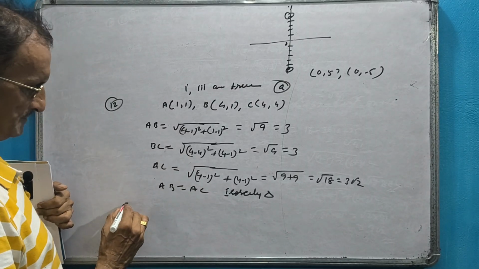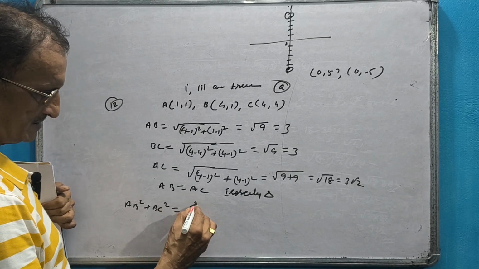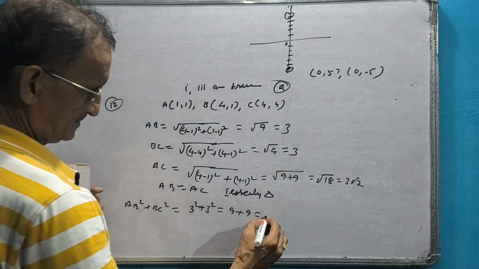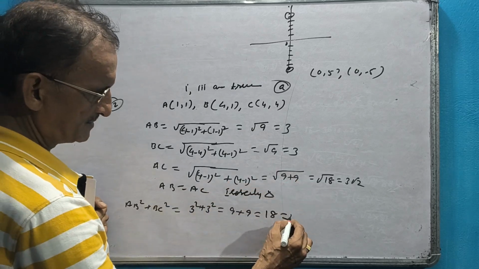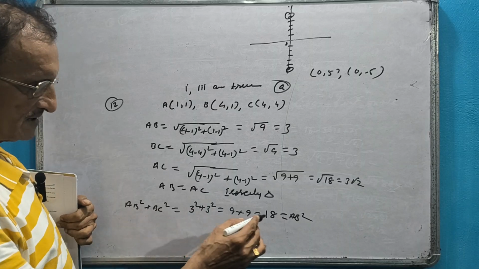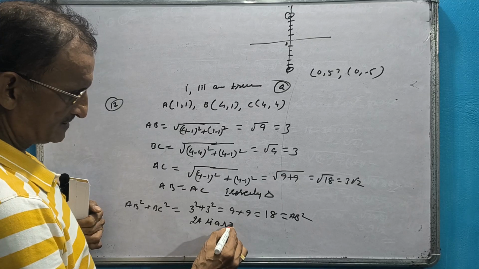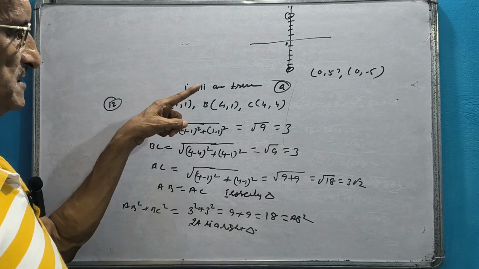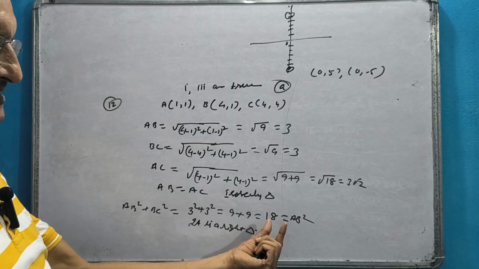Now what is AB square plus BC square? You need to check. AB square is 3 square plus BC square is 3 square, equal to 9 plus 9 equals 18. What is 18 equal to? AC is root 18, so 18 is AC square. So the sum of squares of two sides is equal to the square of the third side. Therefore, it is a right triangle also. So it is actually an isosceles right triangle. Two sides are equal and satisfying the Pythagoras theorem.